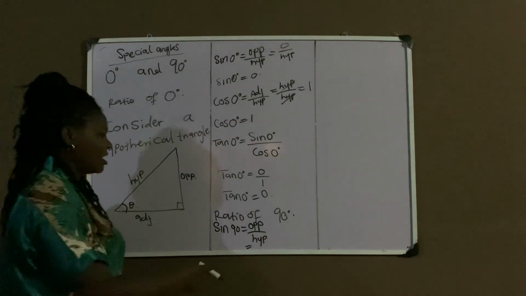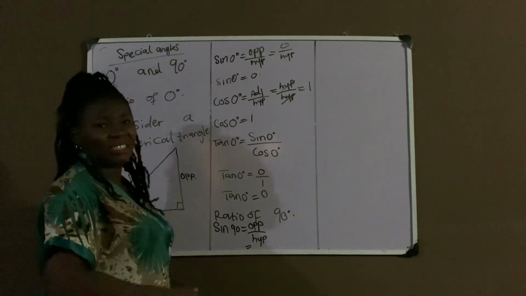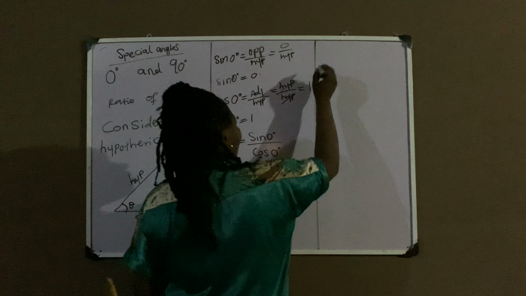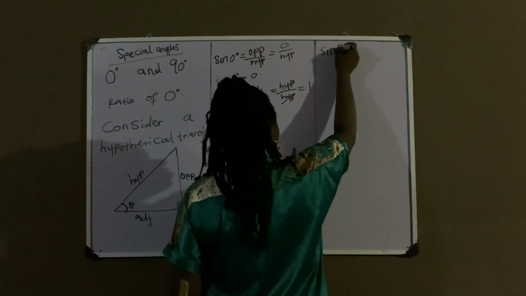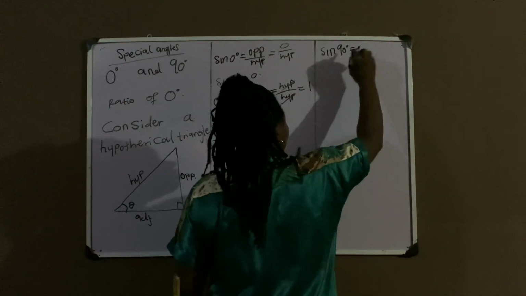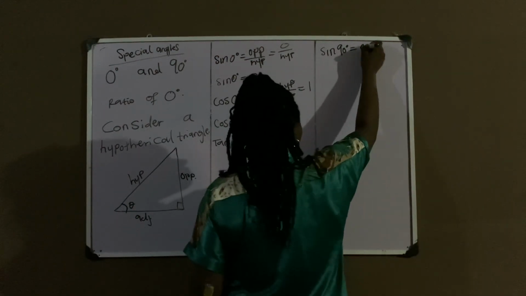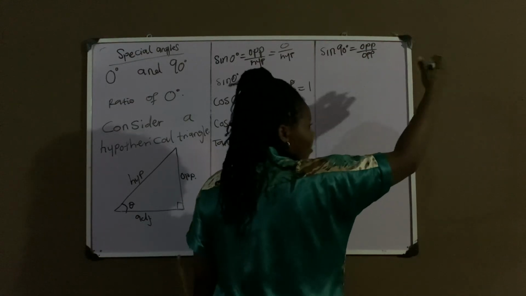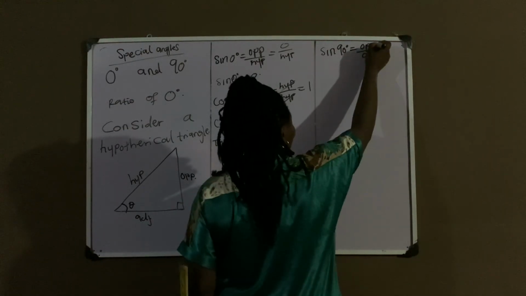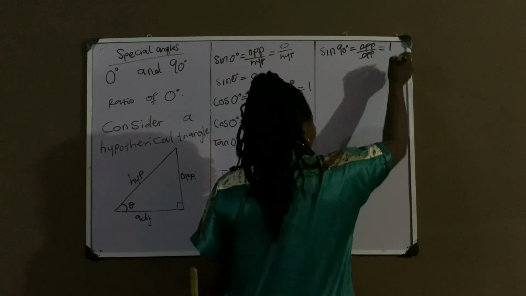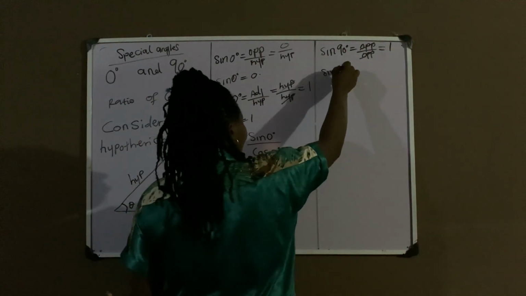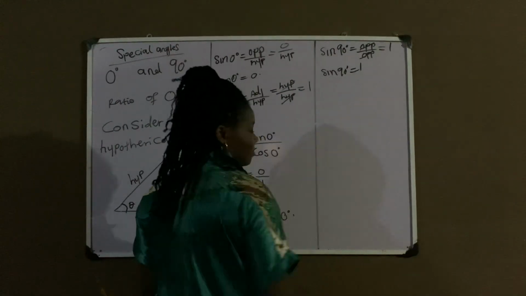So I can decide to use any of them. Then sine 90 degree is equal to opposite over opposite, or hypotenuse over hypotenuse. This will cancel this, and we are having 1. So sine 90 degree is giving us 1.